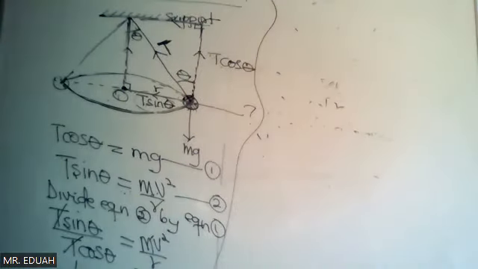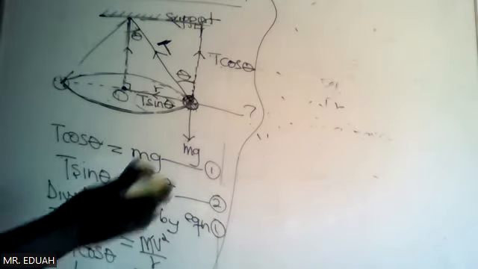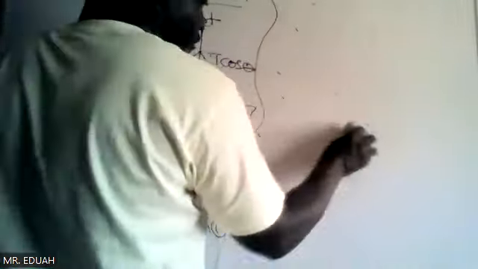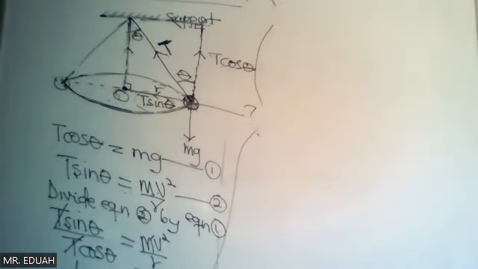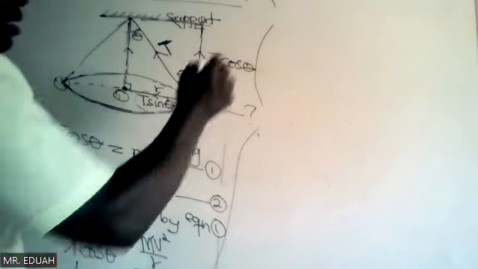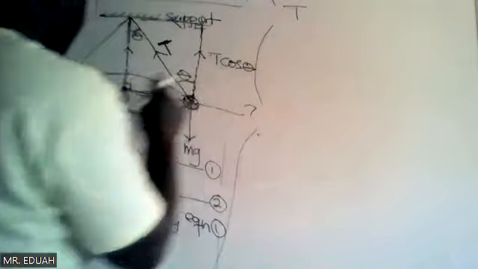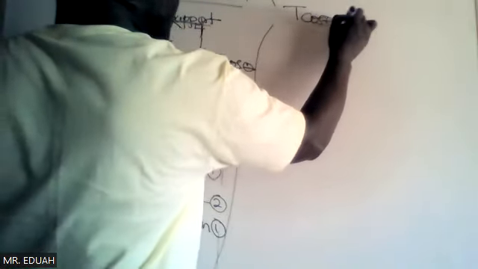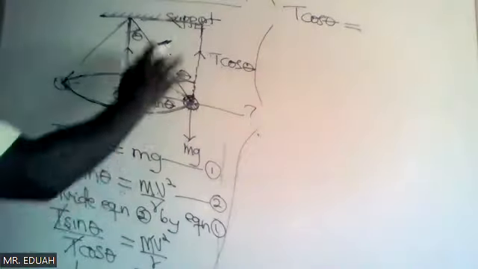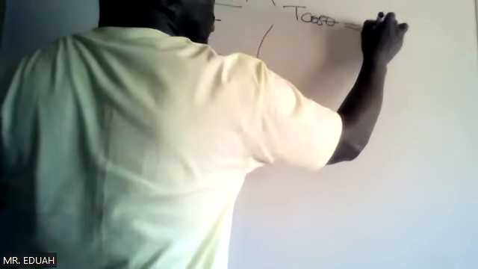So there's another way to express the formula for the velocity to take care of a situation like this. And this is how to go about that. T, the tension cos theta, which is the vertical component, is equated to mg.